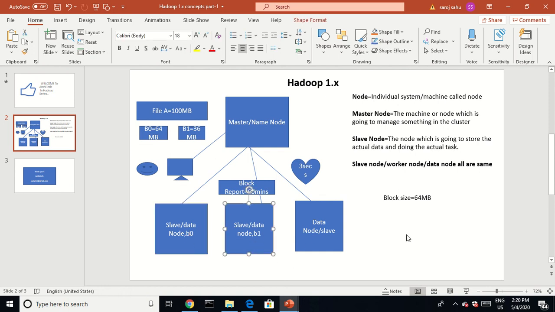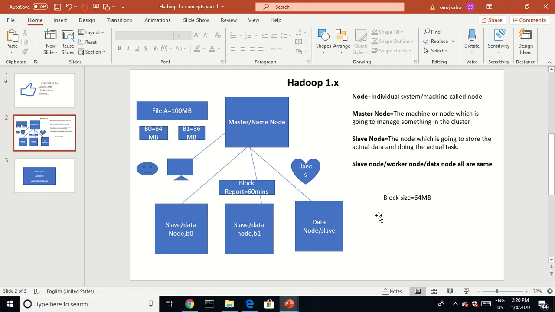That way the data is stored across multiple machines and we can achieve parallelism. It is not happening one after another. Block 0 is written here and at the same time block 1 is also written here. So I can achieve parallelism by writing the data across different data nodes.